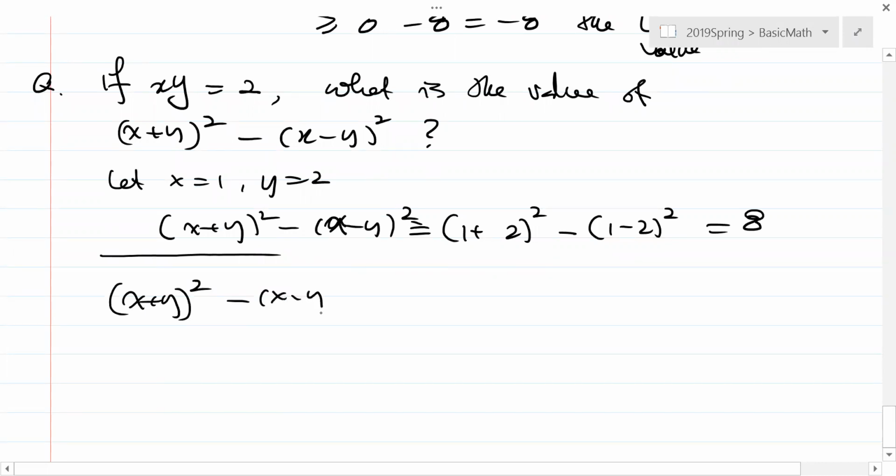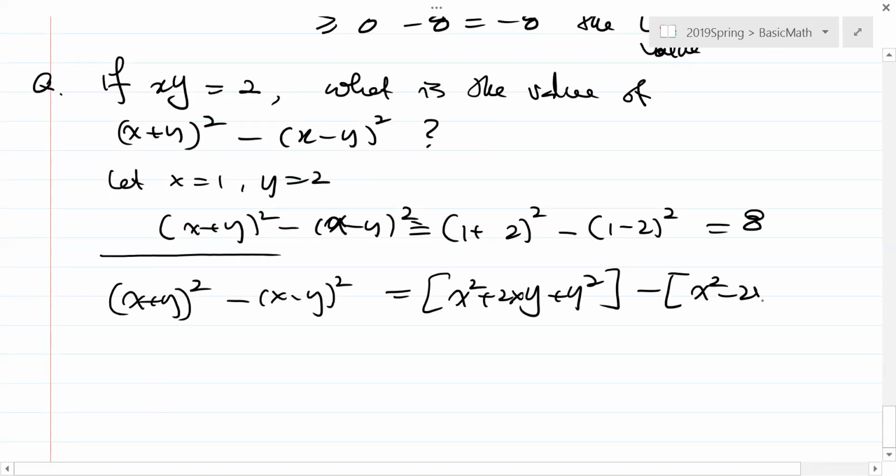What you should do is multiply this out: x squared plus 2xy plus y squared minus x squared minus 2xy plus y squared. Then you simplify. You find x squared cancels out, y squared cancels out, and you get 2xy minus negative 2xy, which is 4xy.